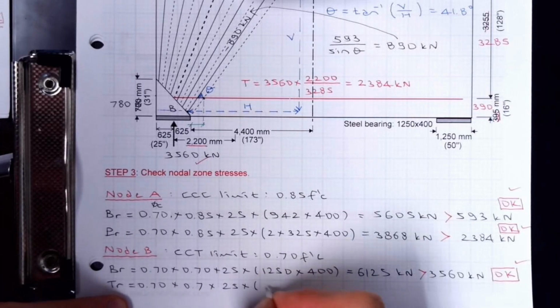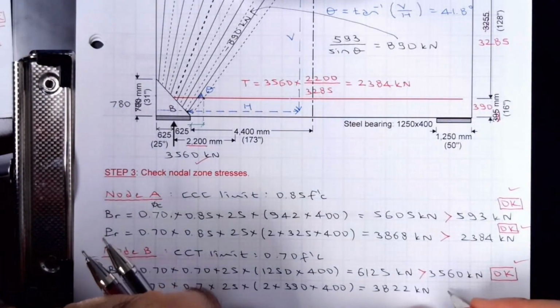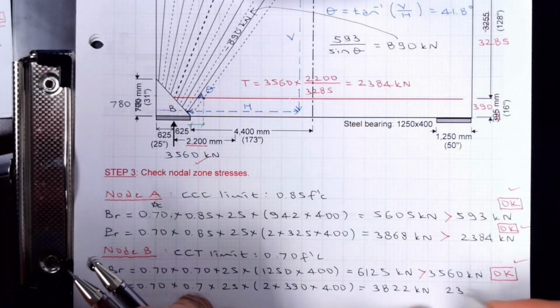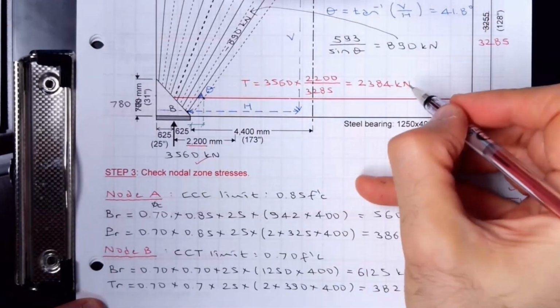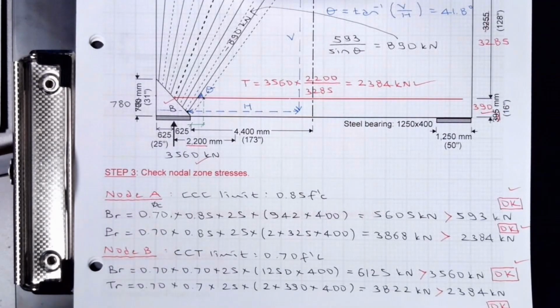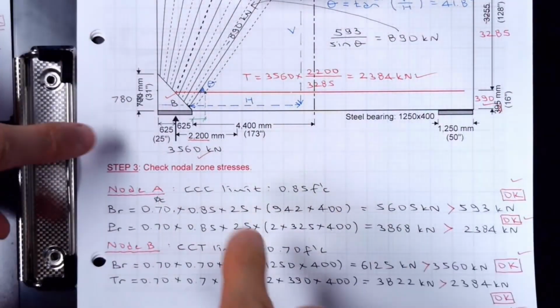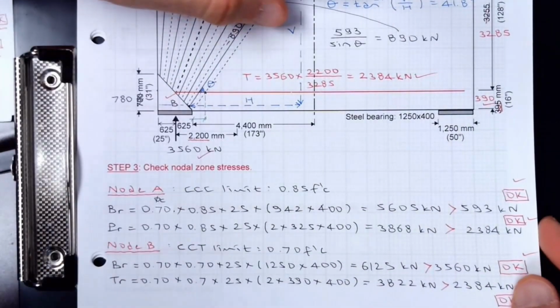The area would change: 2 times 390, thickness 400. No problem, tons of capacity available, so it's a good start. So 390 was good, tension was good, node B is done successfully. So that's pretty much it for nodal zone checks. There is nothing else to check.